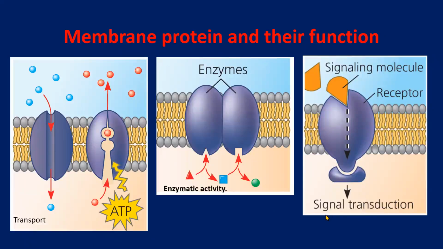The third type is signal transduction, and signal transduction is again a very dynamic process. In this particular class of protein, the protein binding site has a specific shape, and the chemical messenger, what we see here in orange, can bind.